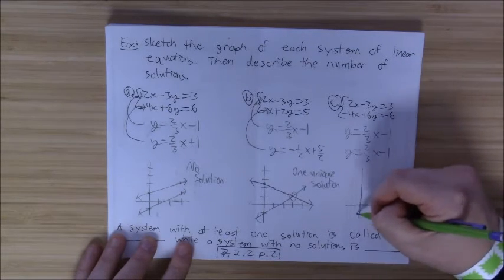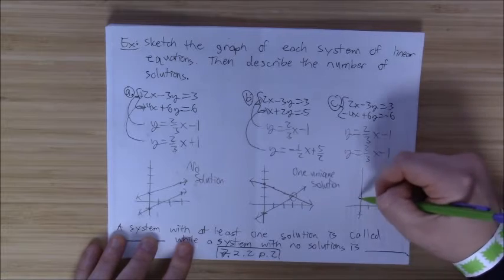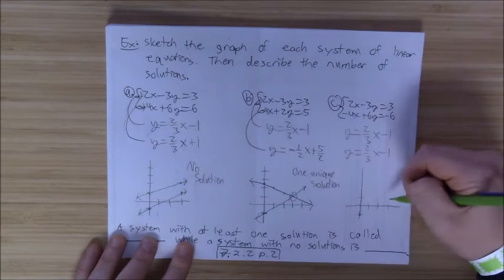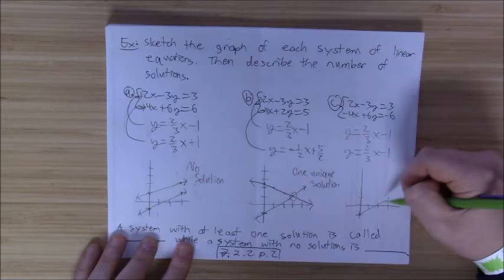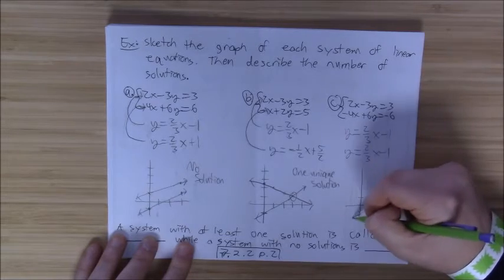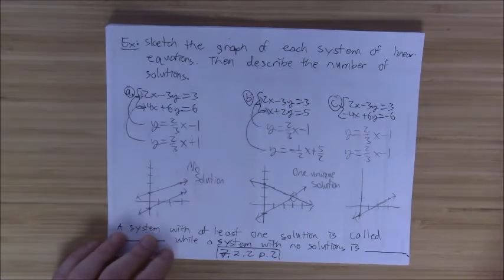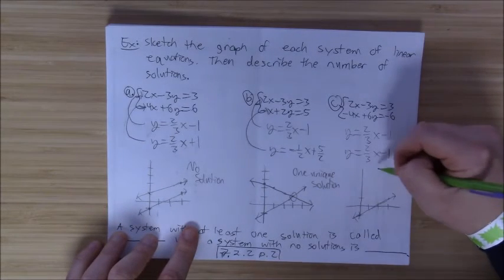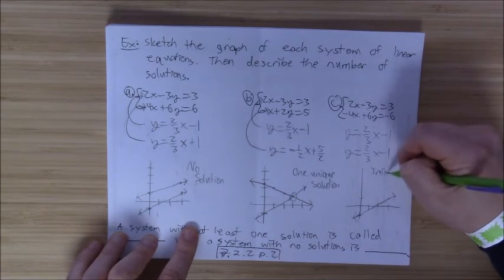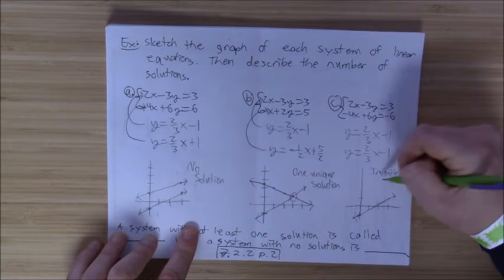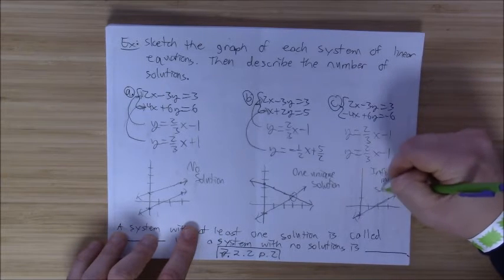And so, really, these are the same equations, namely it looks like that. Both lines look like that. And because you just get the same line, any point on that line will be a solution, which means you have infinitely many solutions.